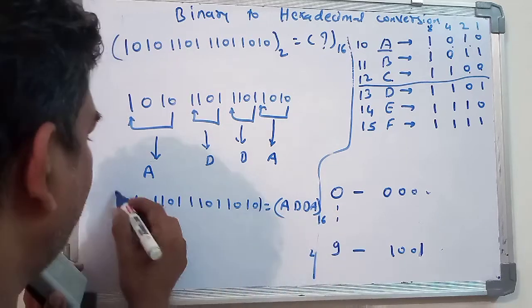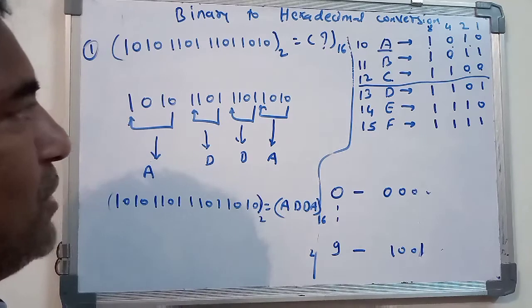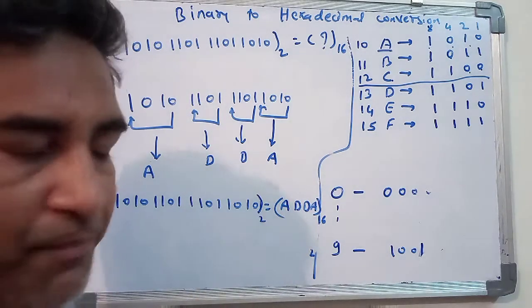And here there is a base 2. So this is the conversion of a simple integer value.